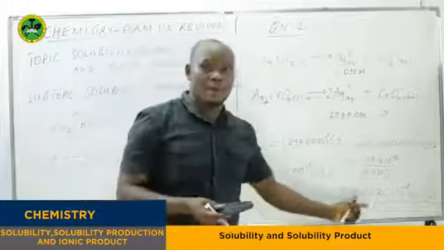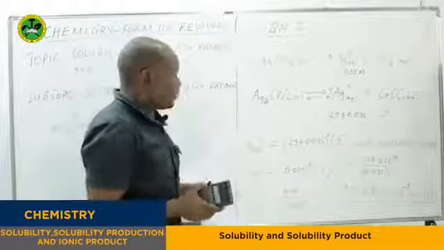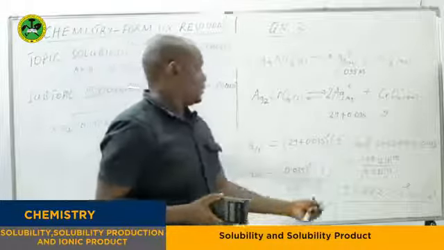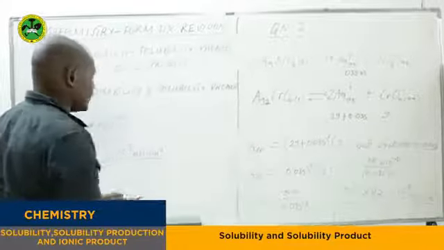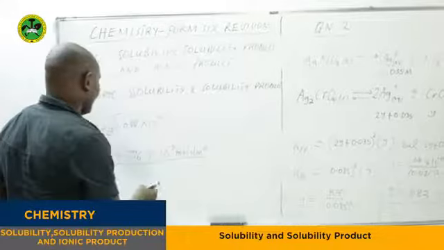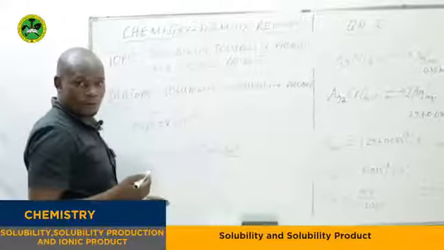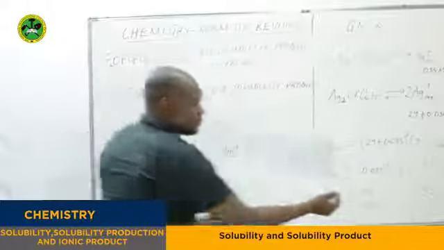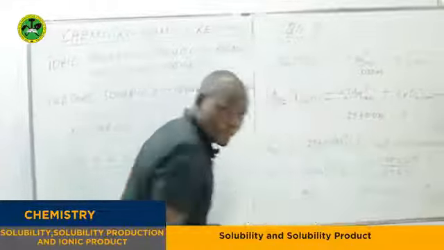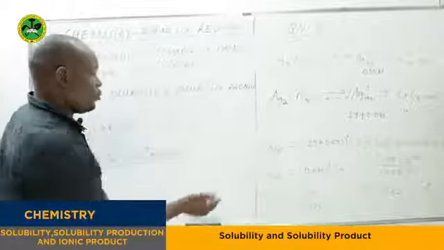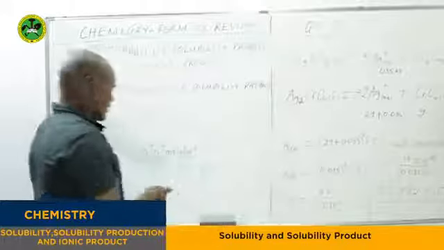So let us now compare the solubility of silver chromate in water and in silver nitrate. In water we have obtained 4.76 times 10 power negative 4 moles per decimeter cubed. But here we have got 80.82 times 10 power negative 8. So you can compare yourself, my dear students, which one is lower than the other. This one is lower than this one.